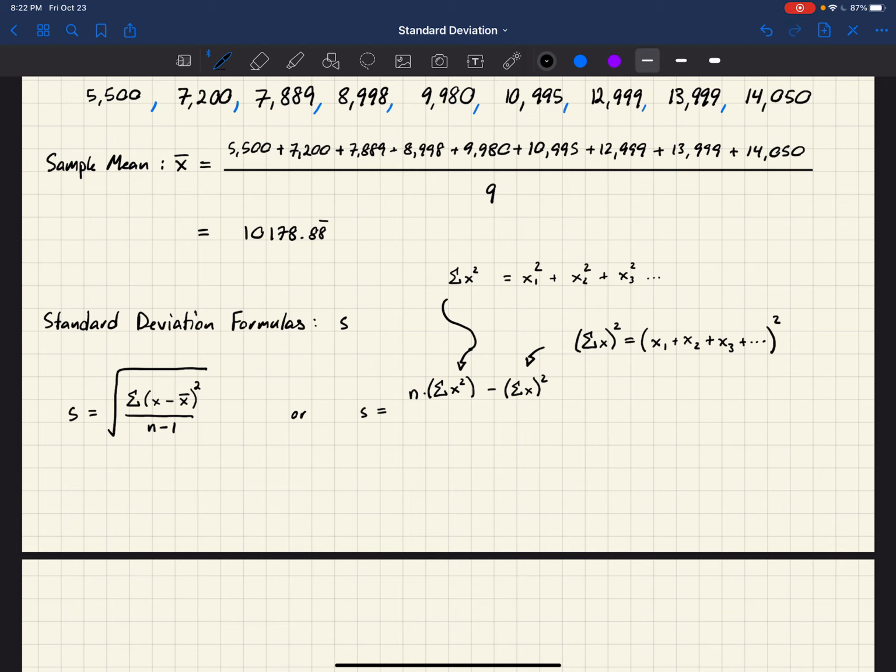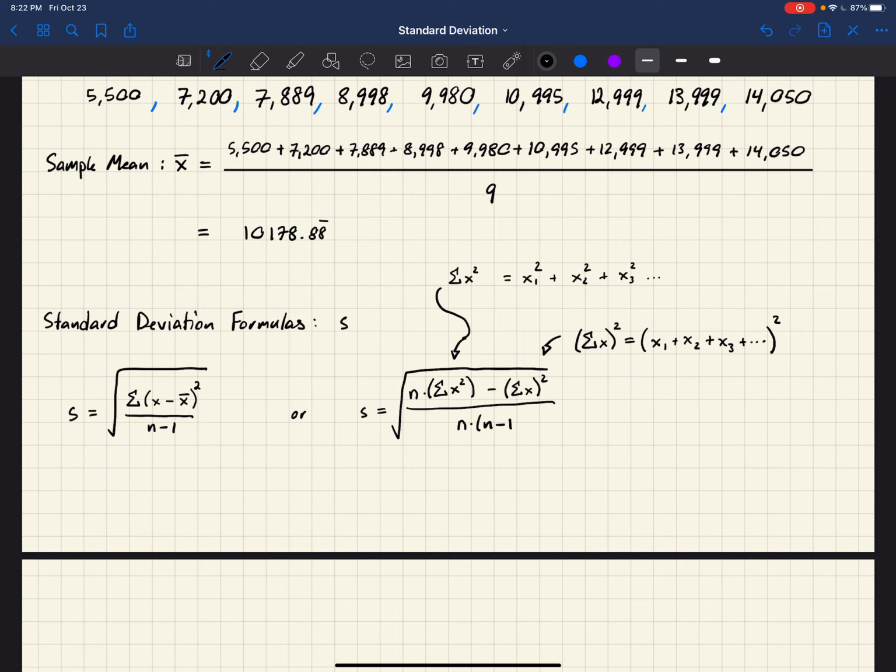After we do that, we're going to divide by n times n minus 1. And we're going to finish off this computation by taking the square root. Make that a little bit nicer.